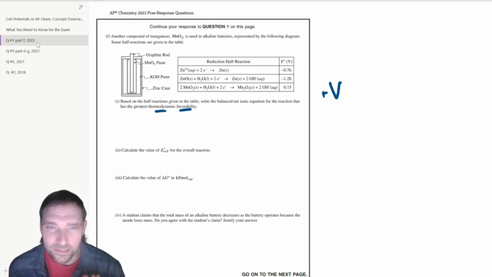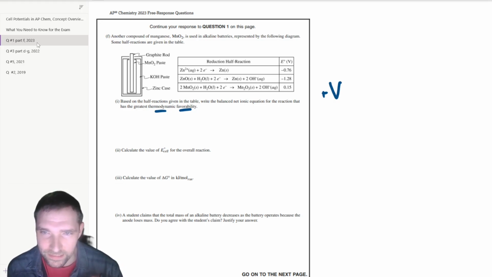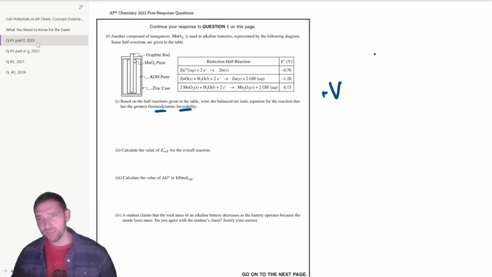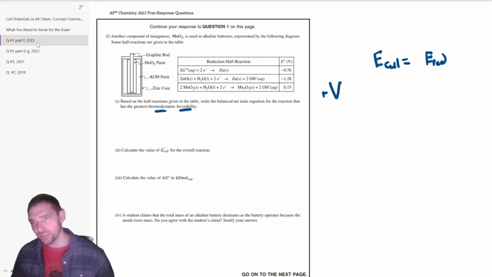So I'm looking at these things that are present. I'm trying to think, how can I make a positive voltage from some of them being negative? The 0.15 is kind of positive, but it's not that positive. So this gets at that whole equation where the energy of the cell relates to the energy of the reduction minus the energy of oxidation, but it really should be plus the energy of oxidation.